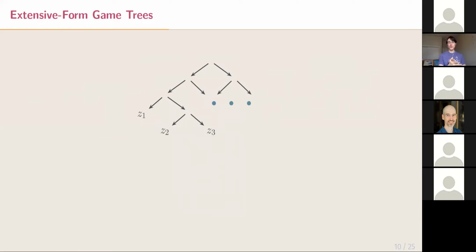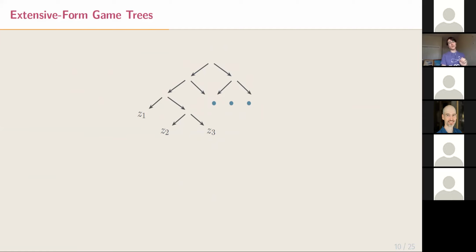All of the internal nodes are called histories, and these are the places where players have to make decisions. And the edges are actions that connect the histories. All of our trees are finite, so all of the paths terminate eventually. Here I'm showing 3 terminal histories, Z1, Z2, and Z3, and that's where payoffs would be given to the players.